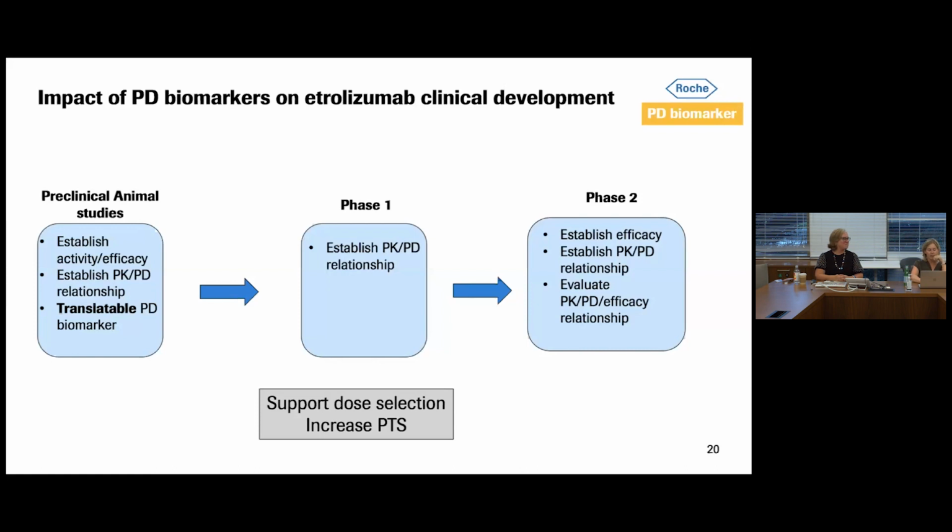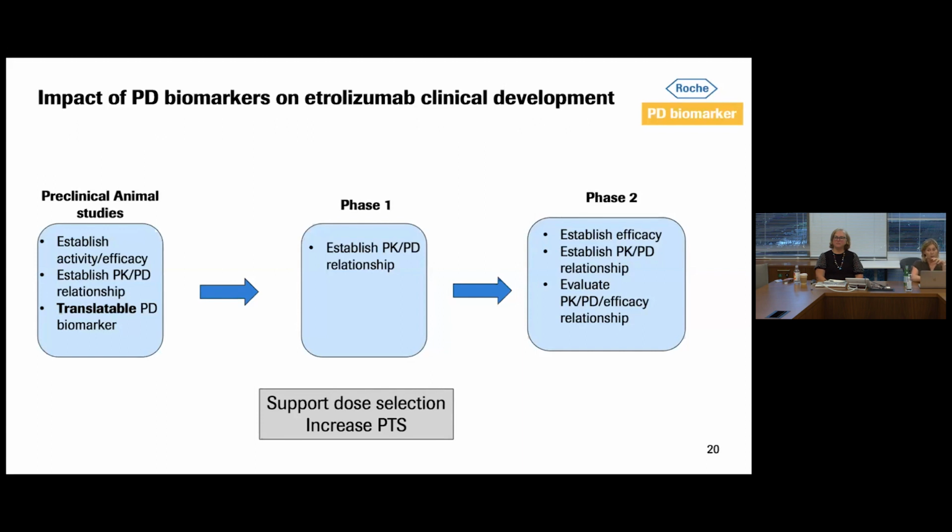Yep. And so this just summarizes the atezolizumab example, where we really used the preclinical study to establish that PK-PD relationship and develop a translatable PD biomarker; the receptor occupancy was really from preclinical species, mouse, cyno, to people.